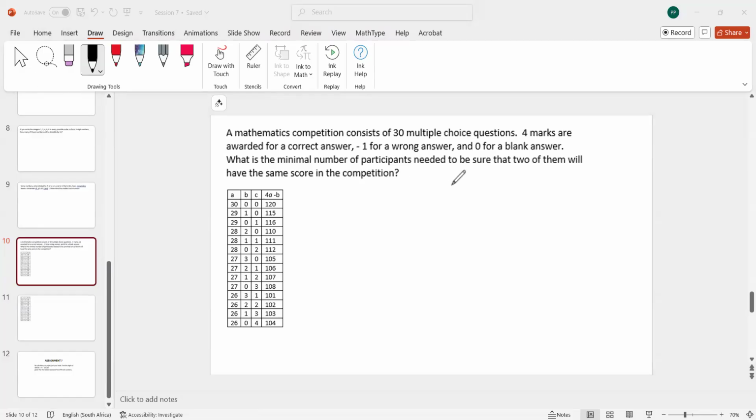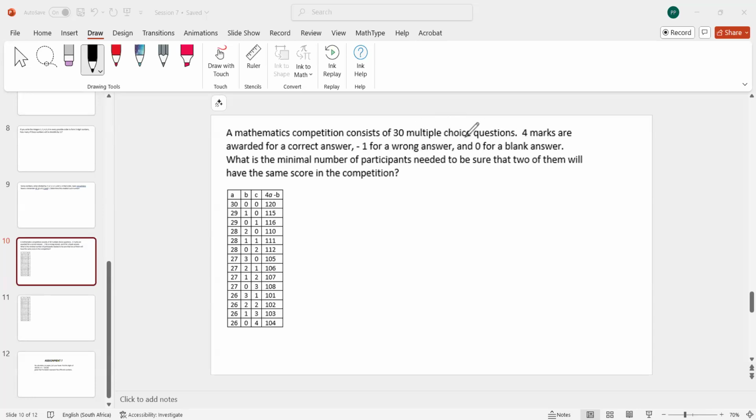A mathematics competition consists of 30 multiple choice questions. It's a very practical problem, right? 4 marks are awarded for the correct answer, and there's negative marking. If you put a wrong answer, you're given -1. So you're not allowed to guess, in other words. You get punished. And if you don't put an answer at all, then it's a blank.